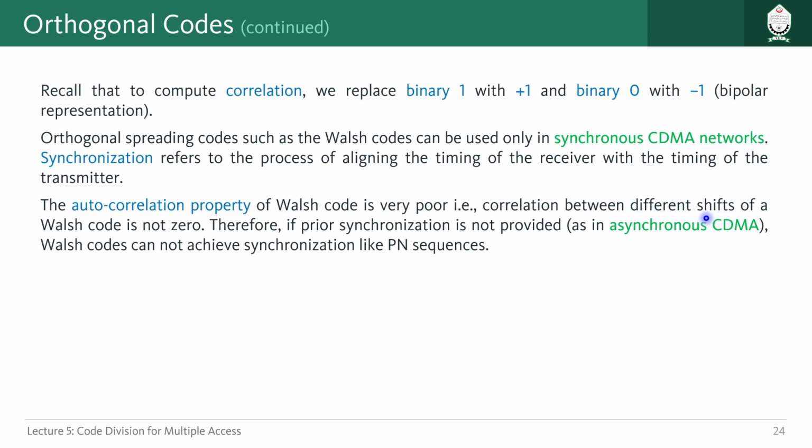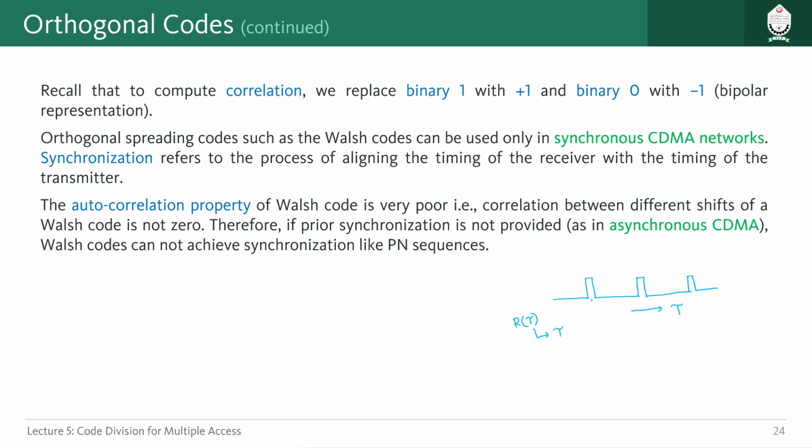And we saw that for random signals, we have a very desirable autocorrelation property. We had a figure like this, where we represented the autocorrelation R of tau with respect to the delay parameter tau.